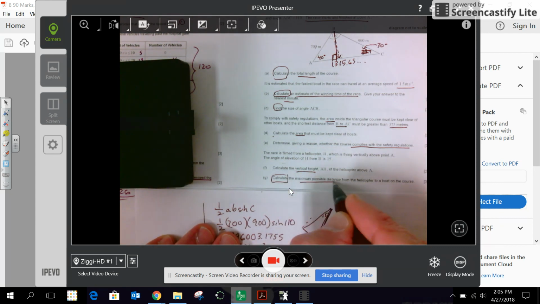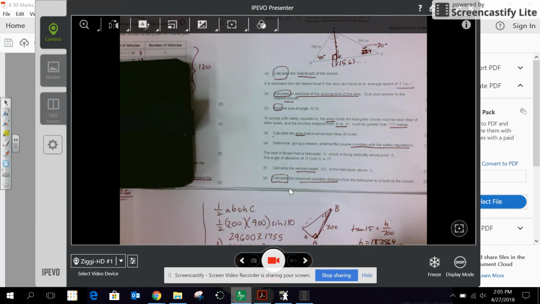Calculate the maximum possible distance from the helicopter to a boat on the course. Okay. The furthest place the helicopter can be from a boat on the course.